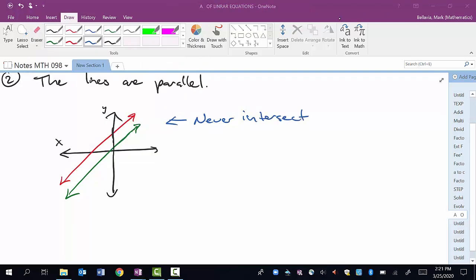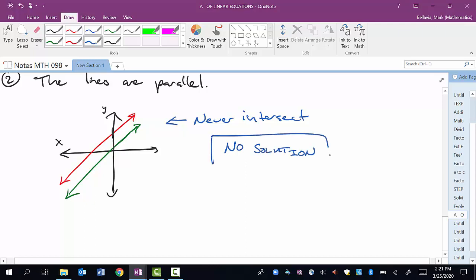If the lines never intersect, then what's the answer? Well, that means that there's no solution. Because remember, the solution is the point where the two lines cross. If the lines never cross, then there is no solution. You might hear this called inconsistent.